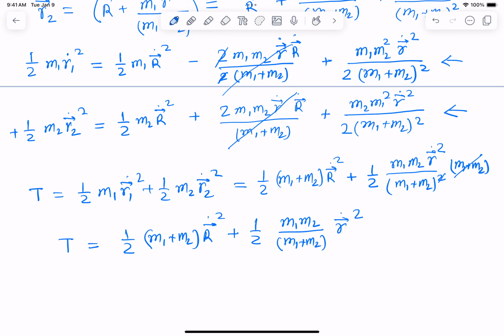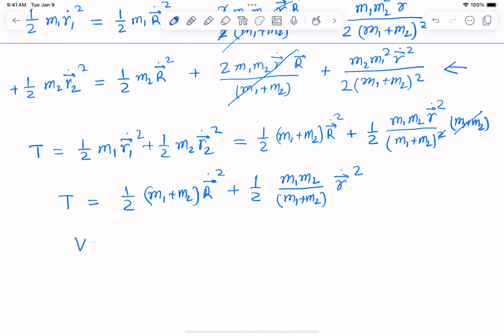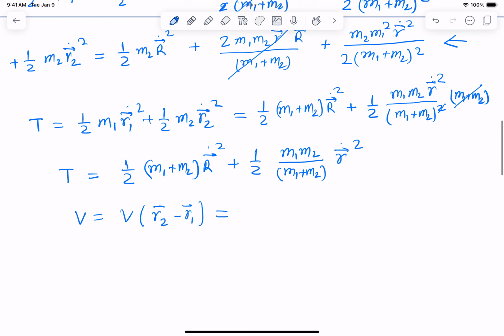Okay, this is your kinetic energy. And remember, your potential energy was something which depended on the r2 minus r1 vector. Okay, but r2 minus r1 vector is simply our relative position vector r.